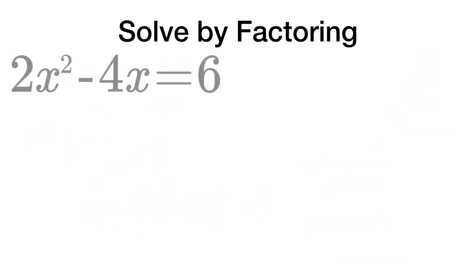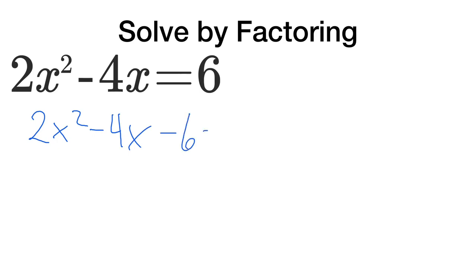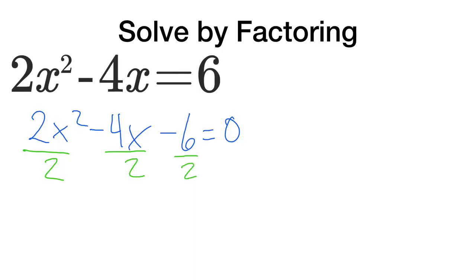So let's try another. Okay, so first step is that we move everything over to the left side. So 2x squared minus 4x minus 6 equals 0. Now, do we have any common factors? The answer is yes, dividing everything by 2. x squared minus 2x minus 3 equals 0.